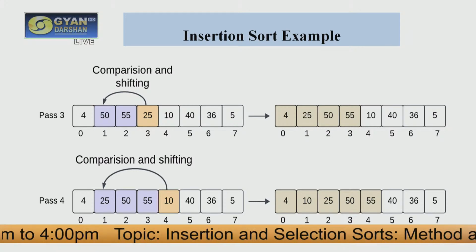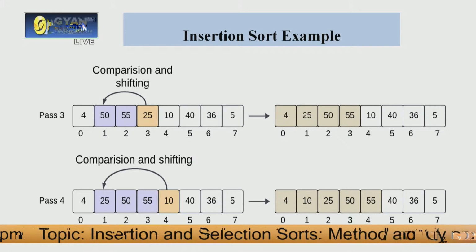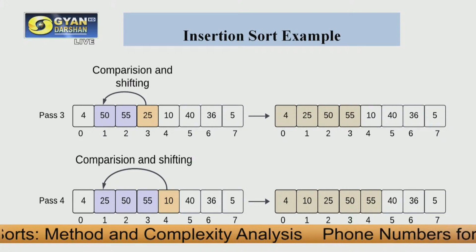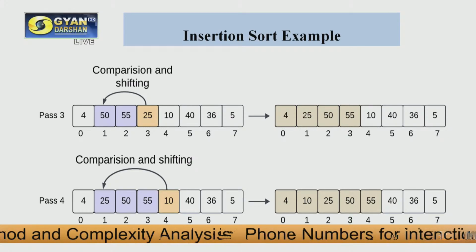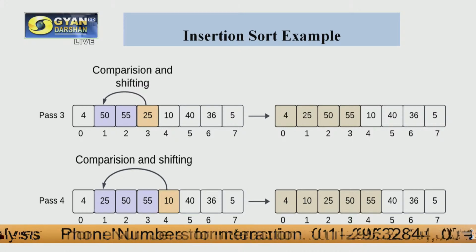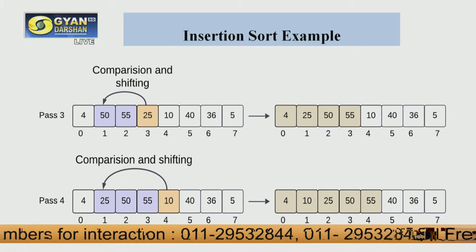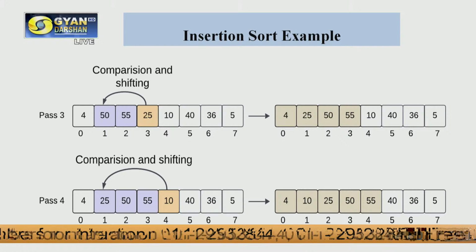Here 4 is smaller than 10, so we stop this comparison, and the three elements which are bigger than 10 are shifted one place toward the right, and 10 is inserted at the second place, and by doing so the first 5 elements are now sorted.